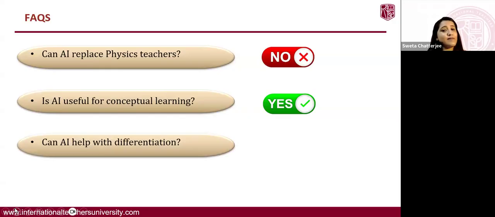Differentiation? Absolutely. For struggling learners, it can simplify concepts and provide step-by-step guidance. For advanced learners, it can offer extension, tiered activities, problems, and higher-order challenges. So it can create varied practice questions at different difficulty levels.